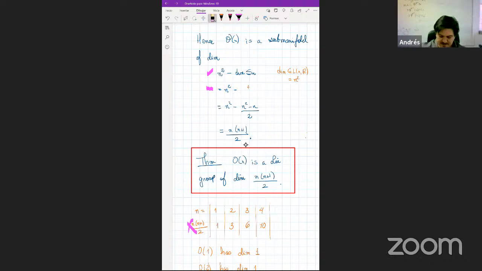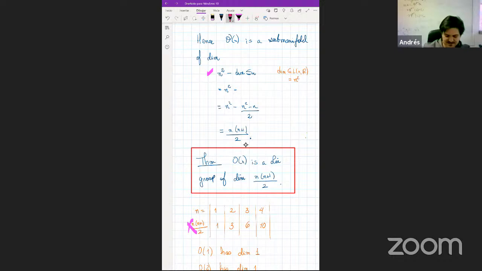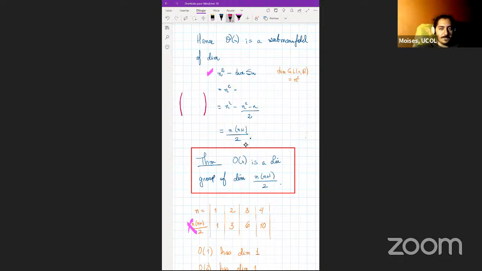Okay, so let's do this. So then here this is my mistake. Let's see. So it was the set of symmetric matrices. So this is an n by n symmetric matrix, right? In the diagonal, what do I have? Anything? Pardon? Anything? Anything? And here, like this, right?